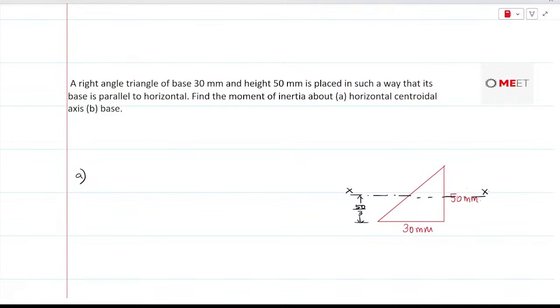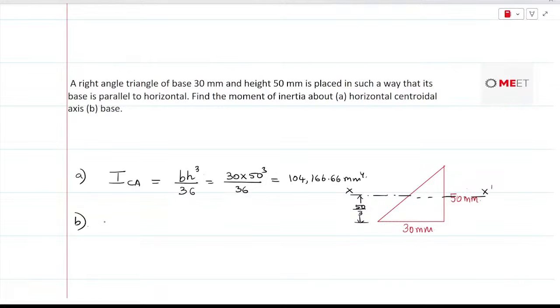Horizontal centroidal x-axis. So the moment of inertia about the centroidal axis is given by b into the dimension that is perpendicular to the axis raised with power 3, divided by 36. So that is 30 into 50 power 3 divided by 36. This is equal to 104166.66 mm power 4.